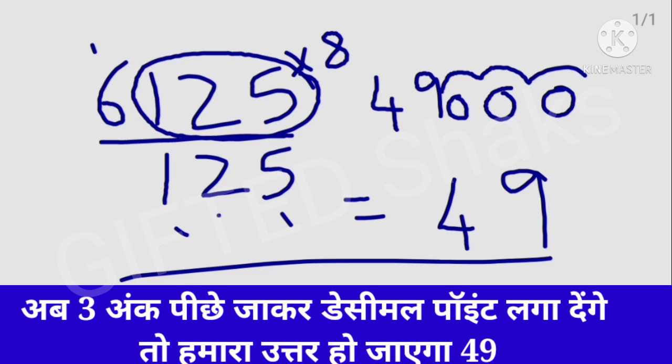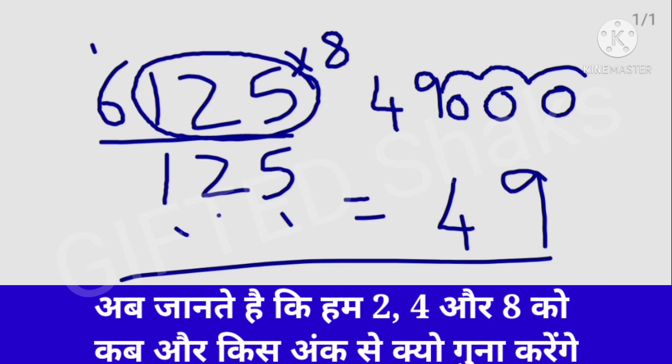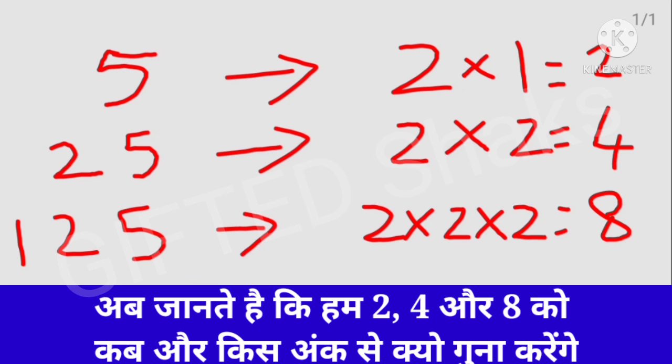Now I'll show you why I have to multiply by 2 for 5, by 4 for 25, and by 8 for 125. Now just follow. Here stands the logic why we multiply by 2 for 5, by 4 for 25, and by 8 for 125.